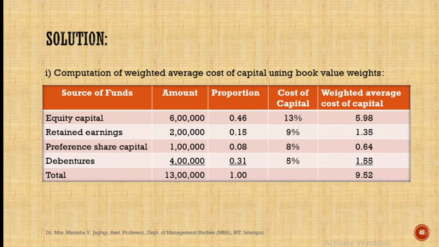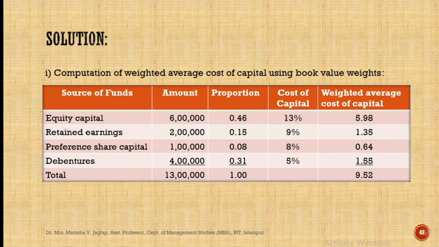Now we just have to multiply this proportion with the cost of capital to compute the weighted average cost of capital. So you can find here 5.98 in case of equity capital, retained earnings 1.35, preference share capital 0.64, and debentures 1.55.